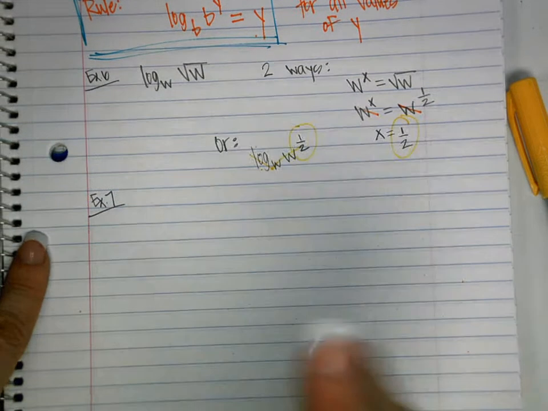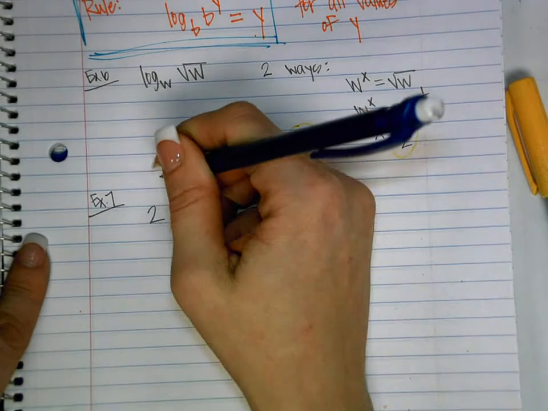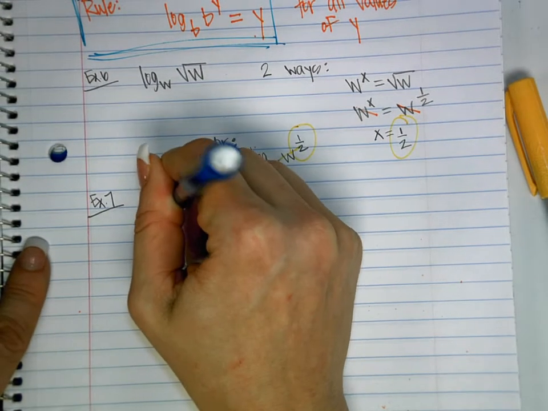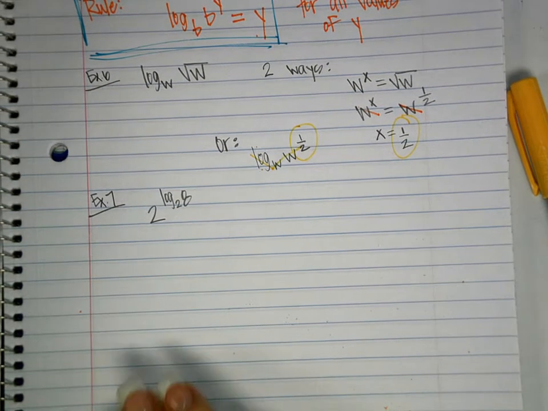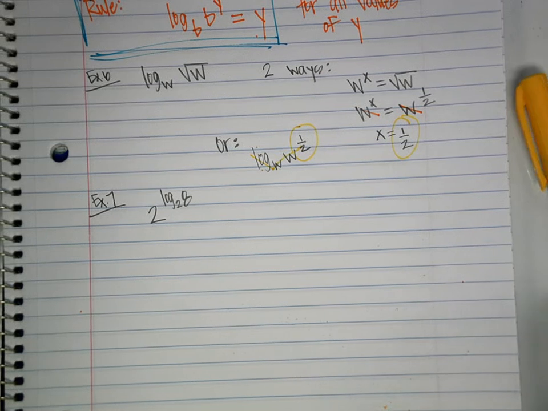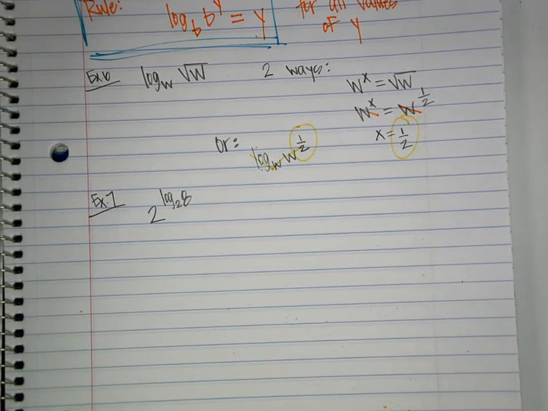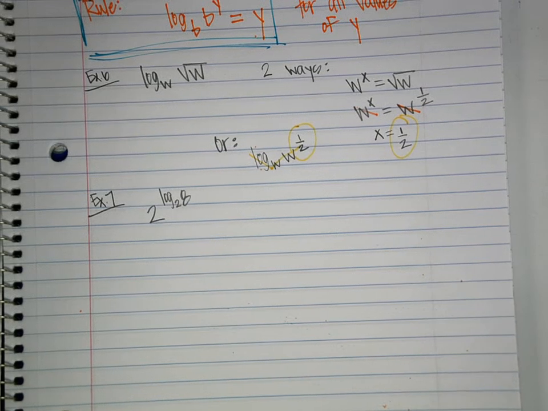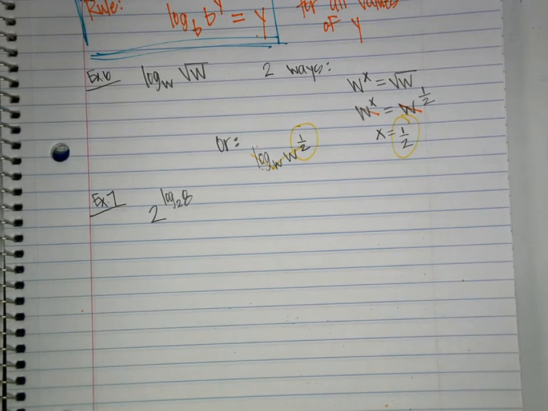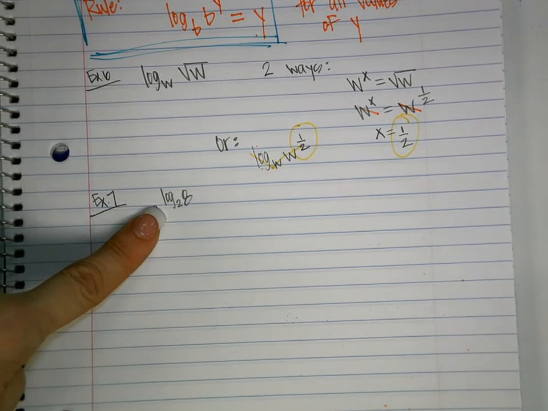For number 7, 2 to the power of log base 2 of 8. The way we do this is you actually want to cover up this initial base.